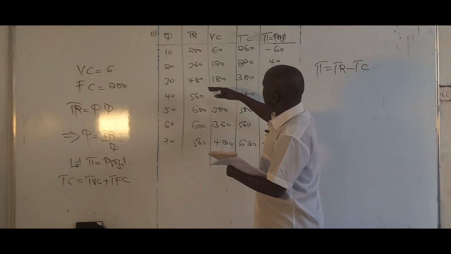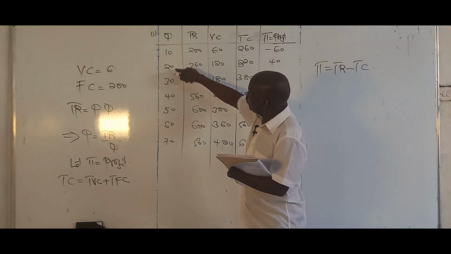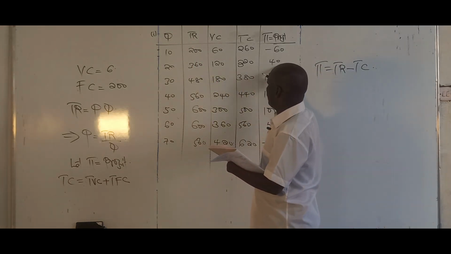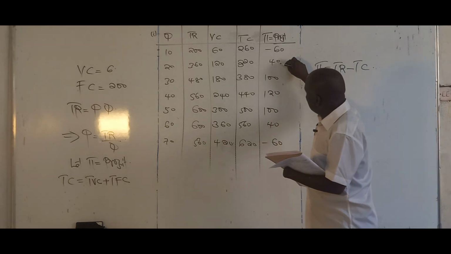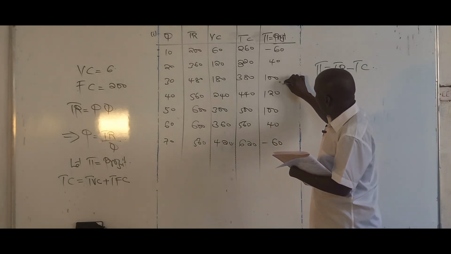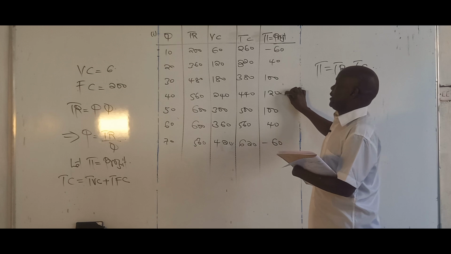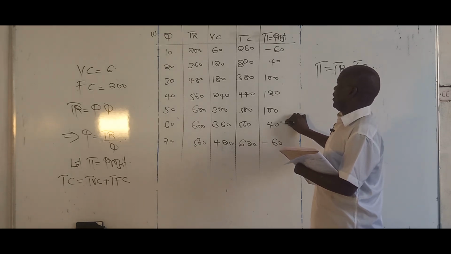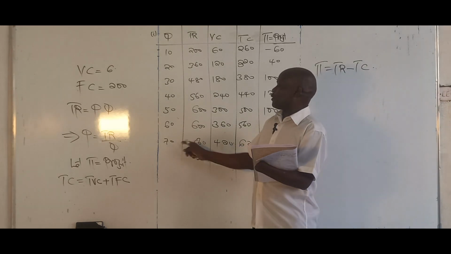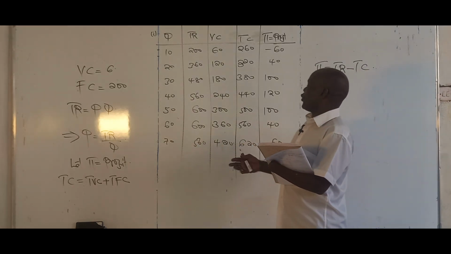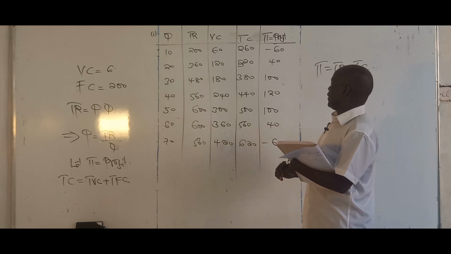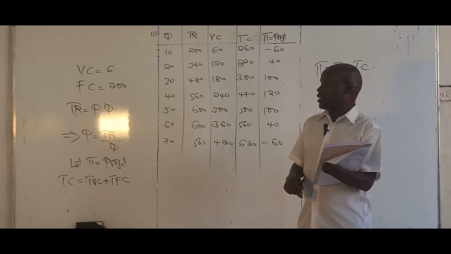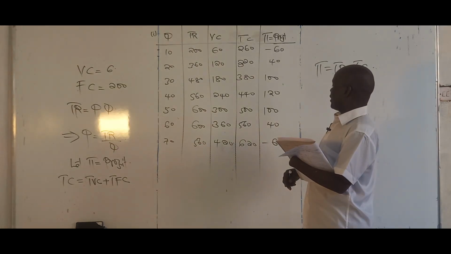But as they increase output from 10 to 20, there's now a positive 40. This increases up to a high of 120, then starts to drop. The more the farm produces, the more expensive it becomes. That means an element of marginal cost has cropped in.